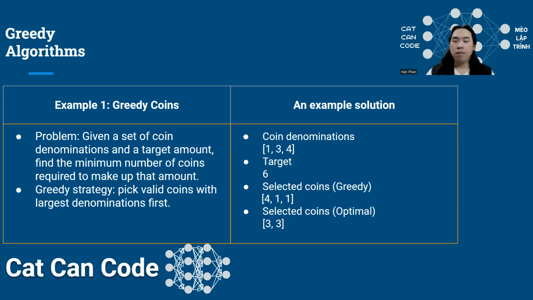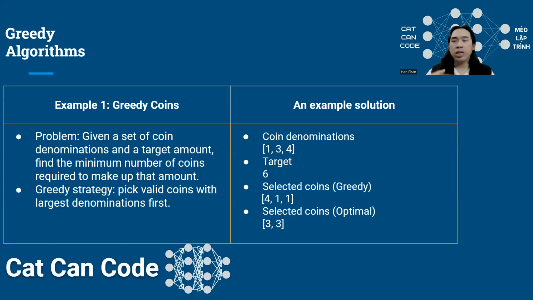Because I pick number 4, what I have left from the target is 2. The only next option that I can choose is 1, and then after that I pick another coin of $1. So overall, for the greedy strategy, I need 3 coins to construct $6, right? But for the actual optimal solution, I only need 2 coins.